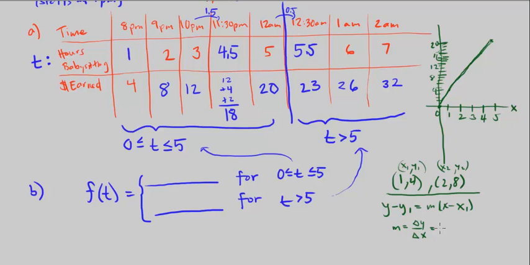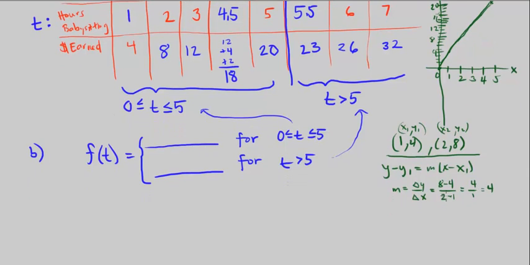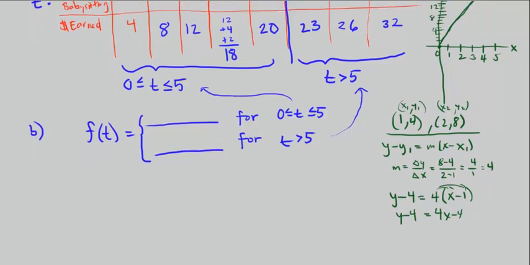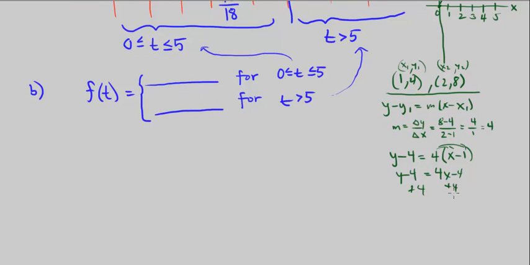So y2 minus y1 is 8 minus 4 over x2 minus x1 is 2 minus 1, and that gives me 4 over 1, or 4. So I get a slope of 4, and let me plug in values. Y minus 4 is equal to 4 times x minus 1. Let me simplify this and distribute the 4. That's 4x minus 4, y minus 4 on the left still, and then add 4 to both sides, and I get y is equal to 4x.